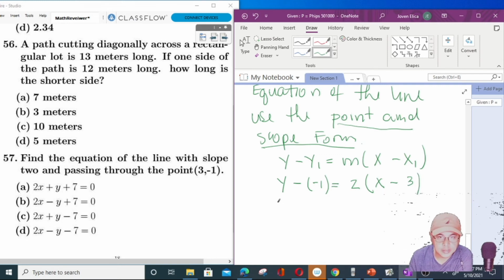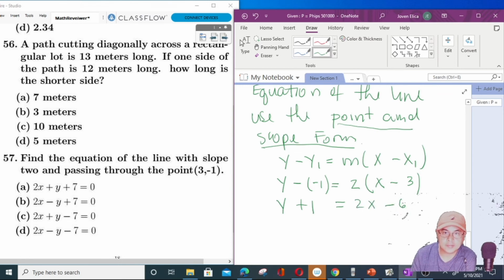Okay, so simplify and put it in standard form, because in the given choices, this is the standard form of the equation of the line. So let us simplify. Negative times negative, this is x plus 1, y plus 1 is equal to, distribute, 2x minus 2 times negative 3 is negative 6.